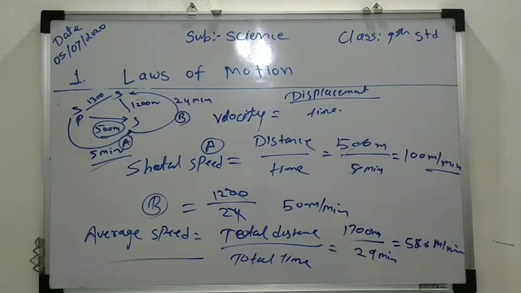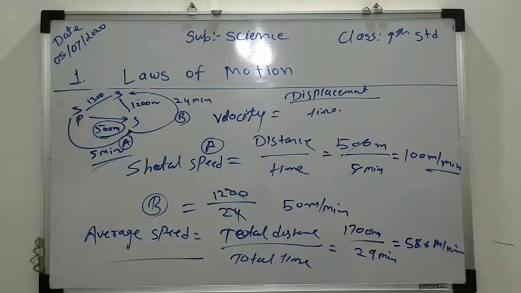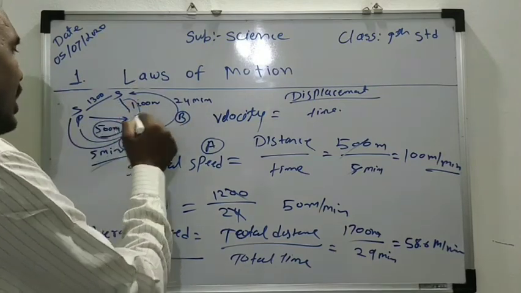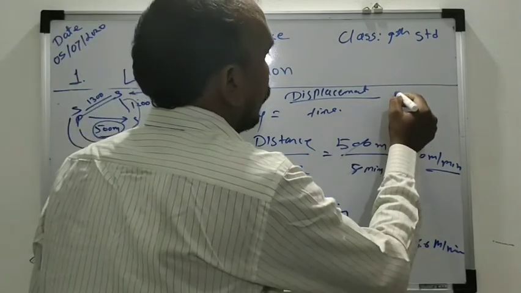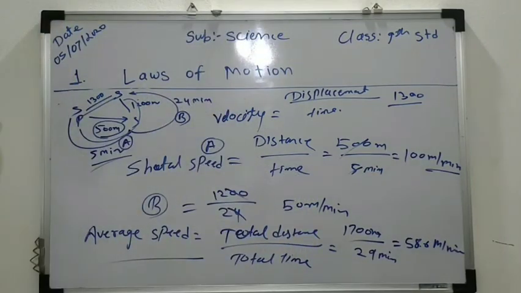What will be the displacement here? What is meant by displacement? Displacement means the shorter distance. So why use this path? It's a very long distance. The shorter distance is only 1300 meters.